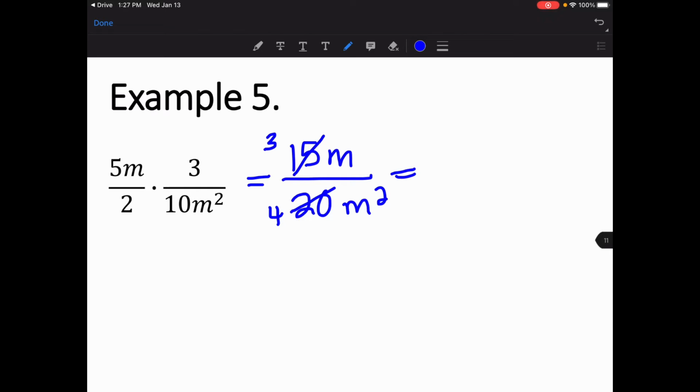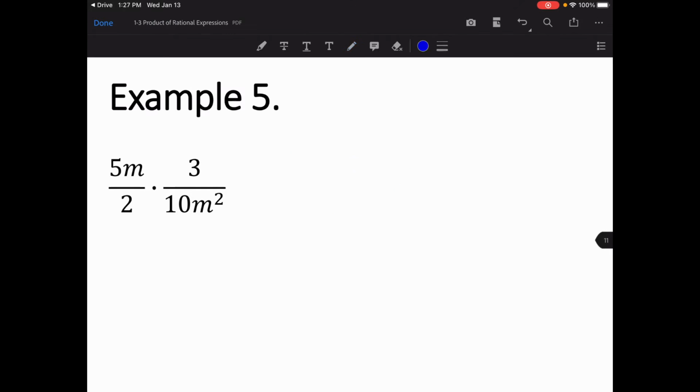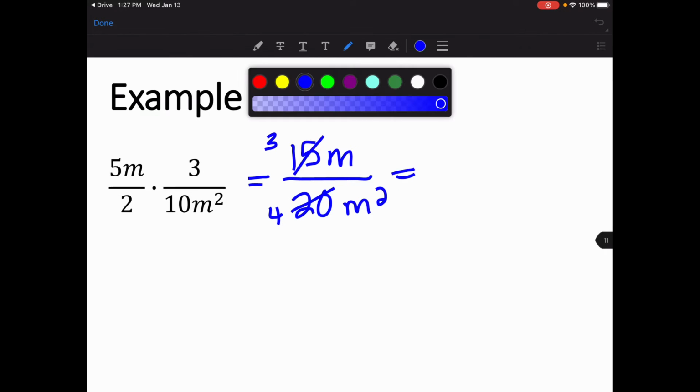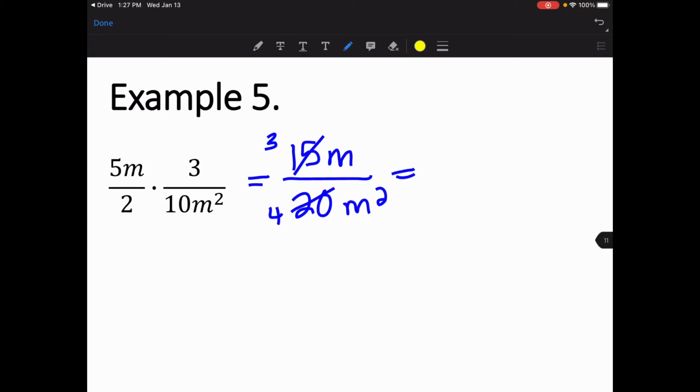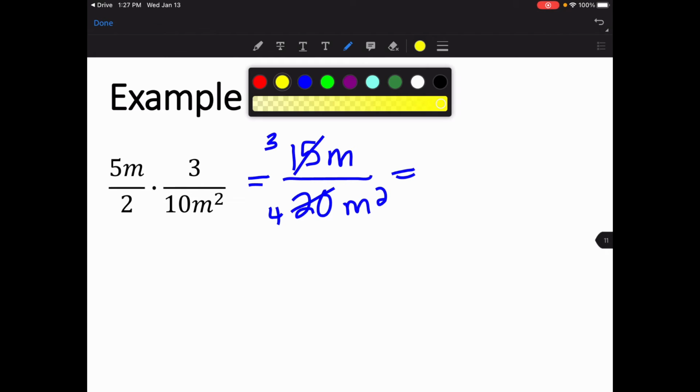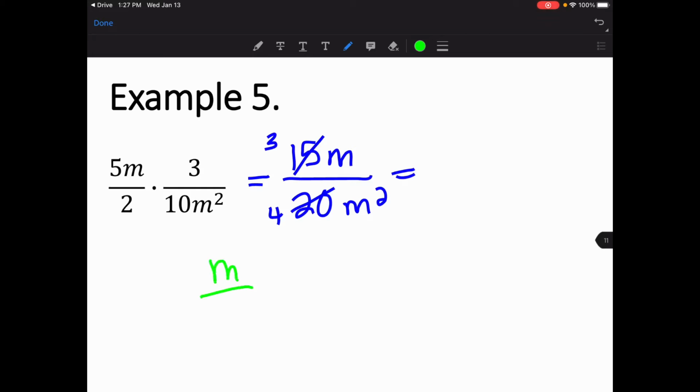How about my variable? Can I reduce my variable? If you recall from properties of exponents, if you have m over m squared, when you divide two equal bases, then you can subtract their exponents. So this is the same as m to the 1 minus 2. For that reason, we get m to the negative 1. And you cannot write your answer with a negative exponent.